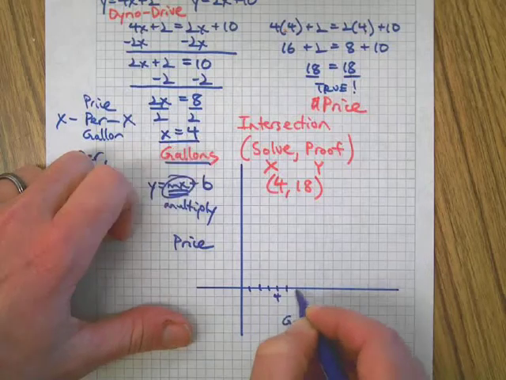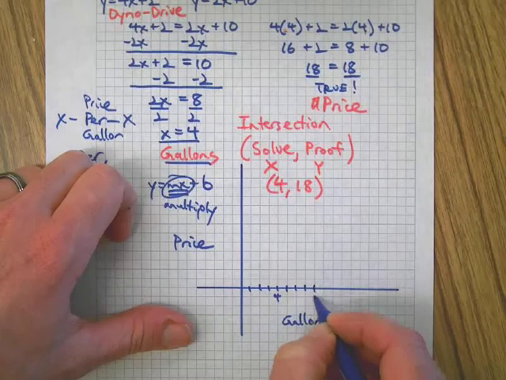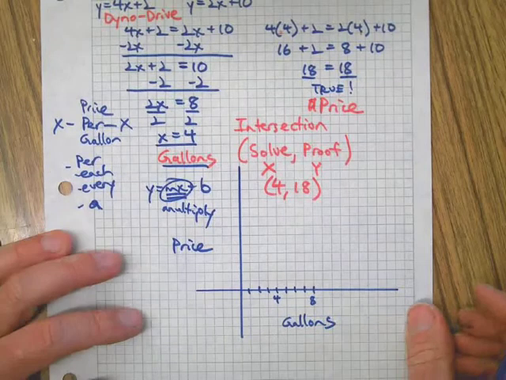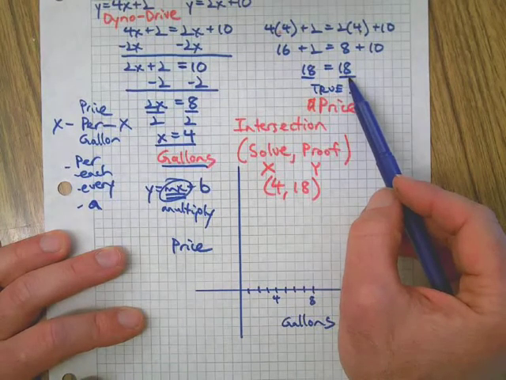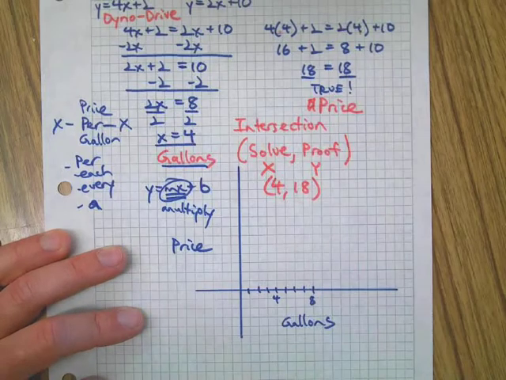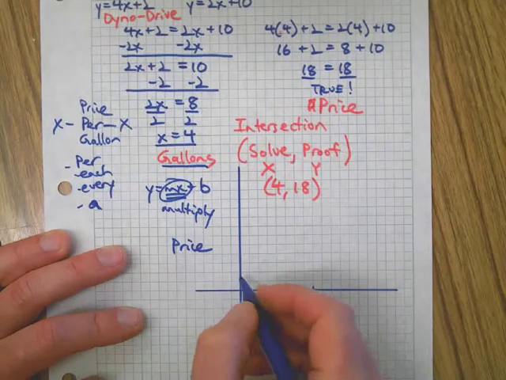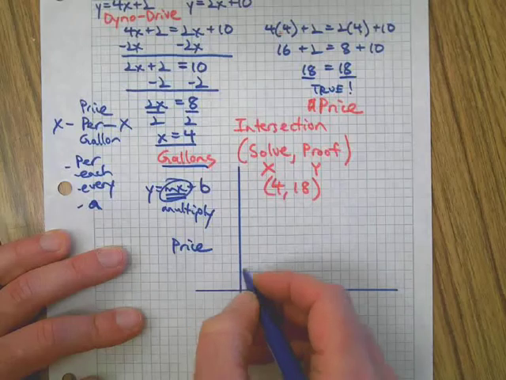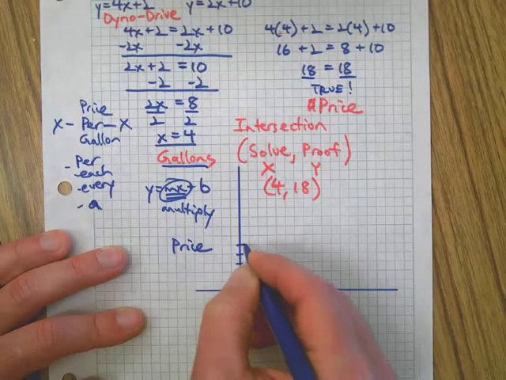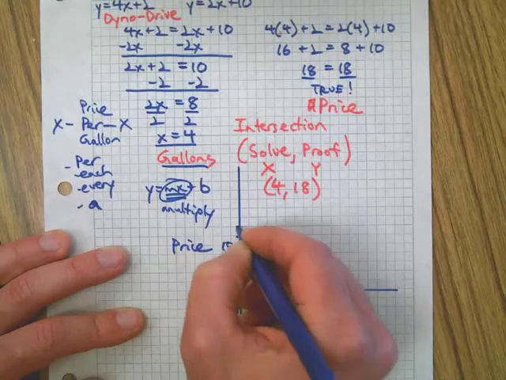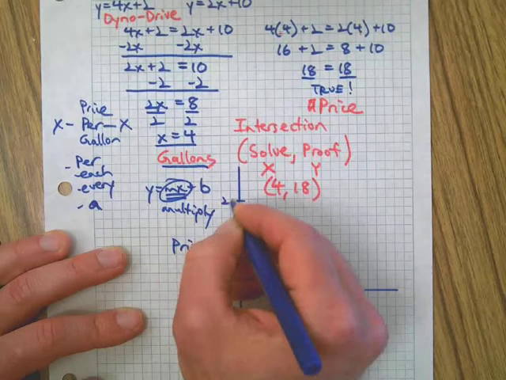There's the 4. I'm going to go farther just to make sure I get everything. What about the money? I need to go at least up to $18, but I'm going to go higher than that. So I'm going to count by twos. 2, 4, 6, 8, 10. 2, 4, 6, 8, 20.